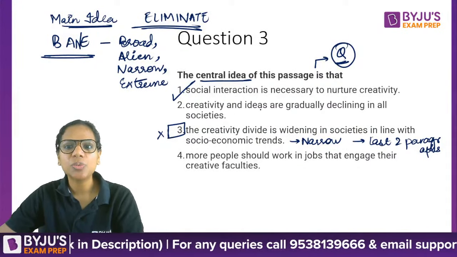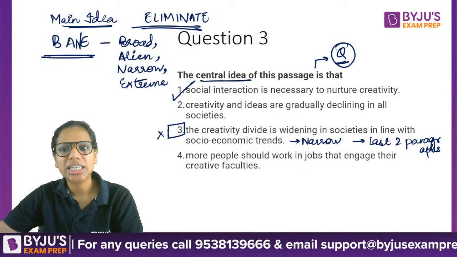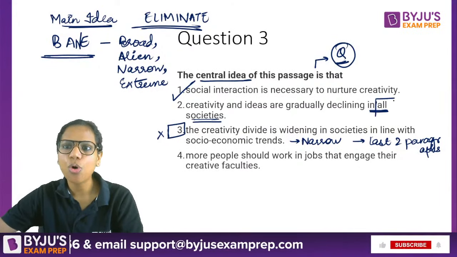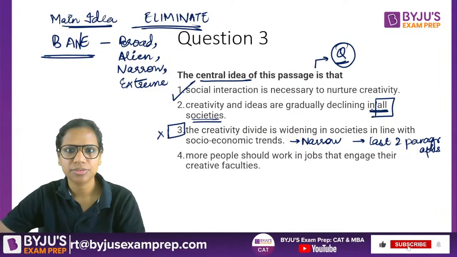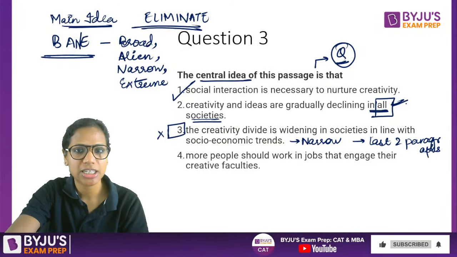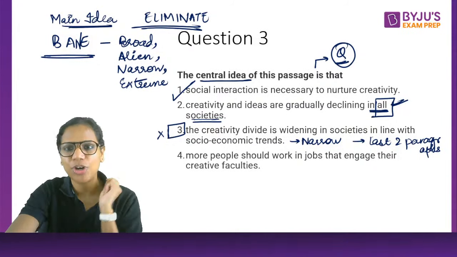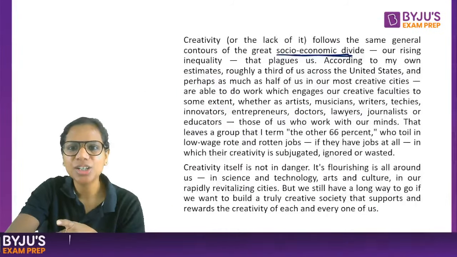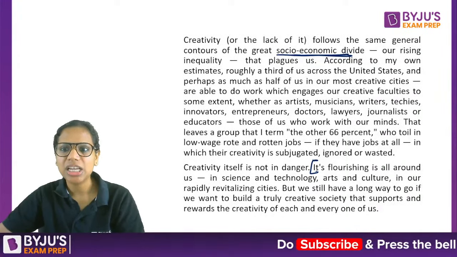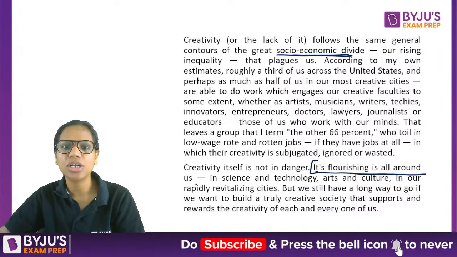Then creativity and ideas are gradually declining in all societies. First of all, this should make you alert. Have we discussed all societies? Secondly, doesn't it go against what is stated in my last paragraph? Its flourishing is all around us.